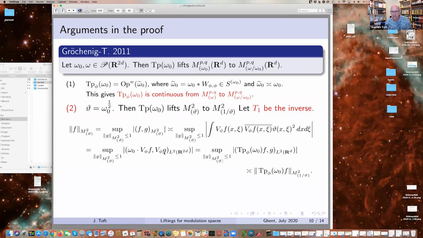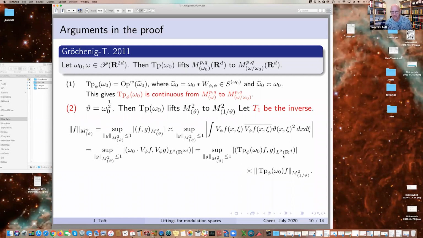I think it should be an F here. No, it should be a G here. I'm sorry, that is a misprint here. And now, by the definition, this is the same as what we have here. And now we actually have that M^2_θ, if instead of using this form we are using the L2 form, then one can prove that the dual of M^2_θ is M^2_{1/θ}.